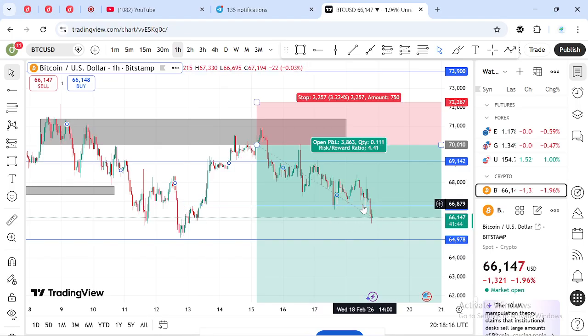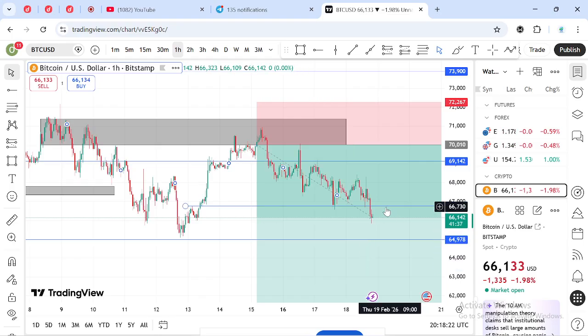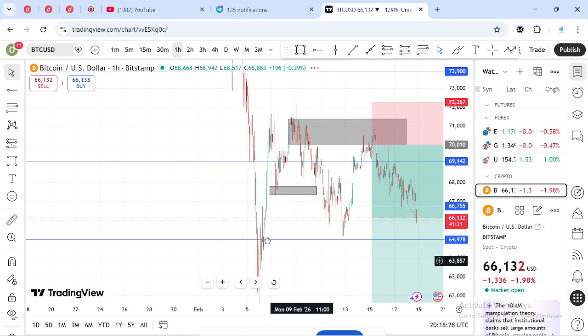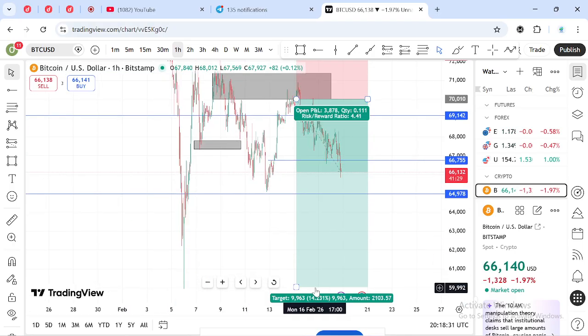So I'll expect and want to see price do what? Maybe break this low and come back to retest here. Retest here, then we can begin to look for a continuational sell to this final point. So that will be an entry we can be expecting for BTC. So it's still a continuational sell.